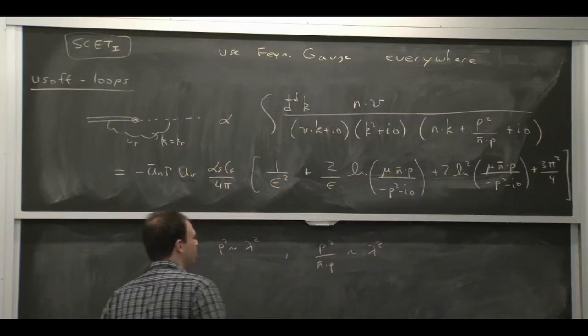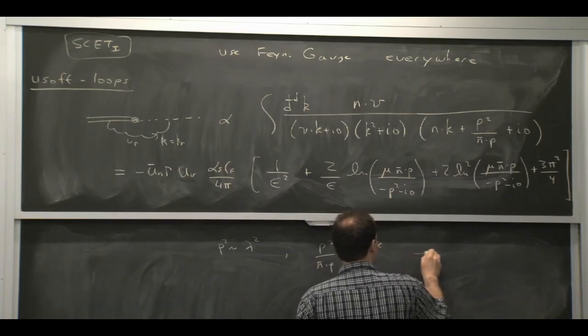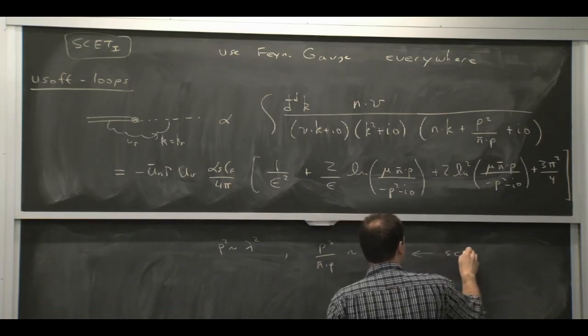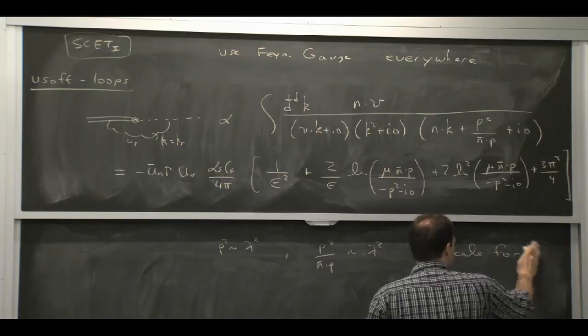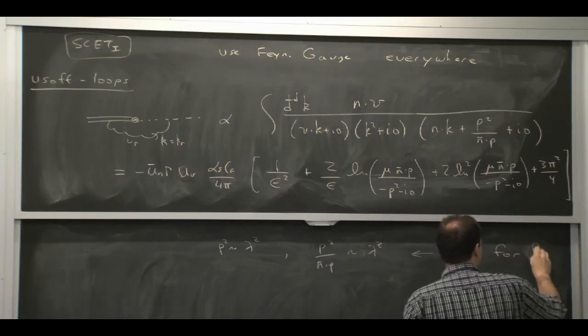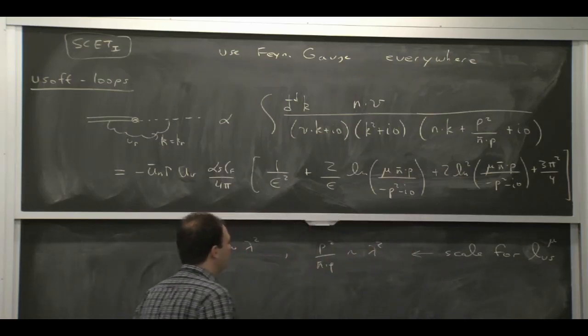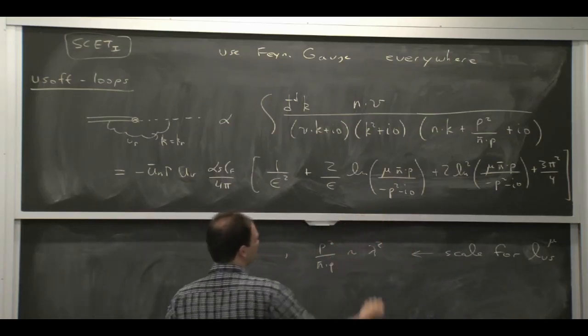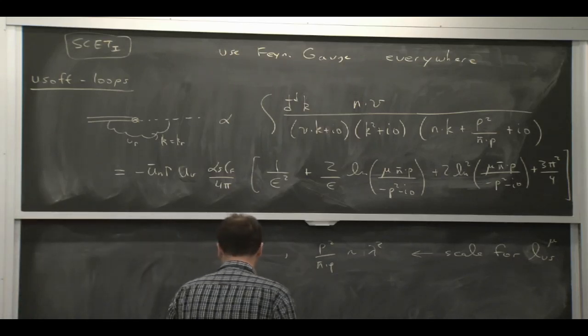And this is a dimension 1 thing, and this is the ultrasoft scale, for some ultrasoft momentum. And so if you want to look at these logarithms and you ask what scale this effective field theory diagram is sensitive to, it's sensitive to the ultrasoft scale.